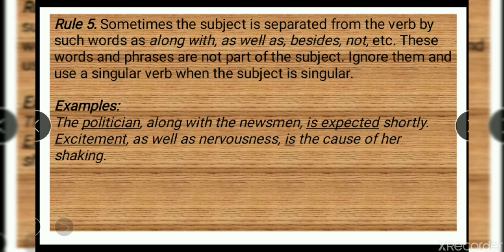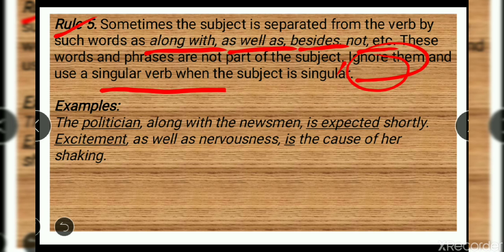Sometimes the subject is separated from the verb by such words as along with, as well as, besides, not, etc. These words and phrases are not part of the subject. Ignore them and use a singular verb when the subject is singular.